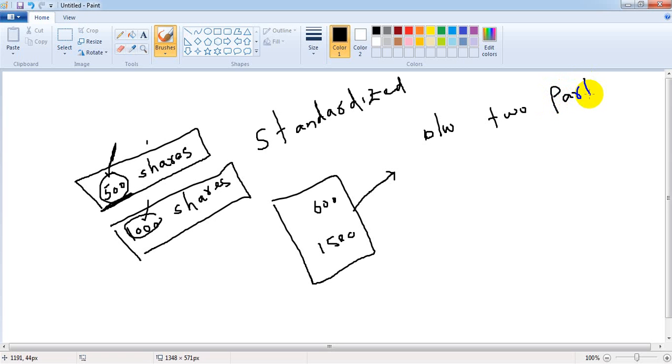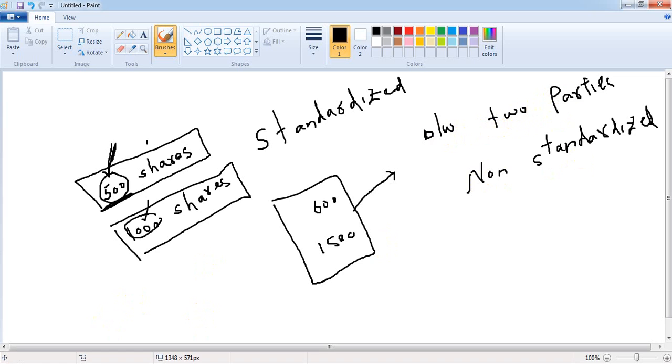So this is basically what we call non-standardized. This is the difference between standardized and non-standardized. Standardized is for a specific quantity and non-standardized is for any quantity, depending on the contract between these two parties on which they agreed.